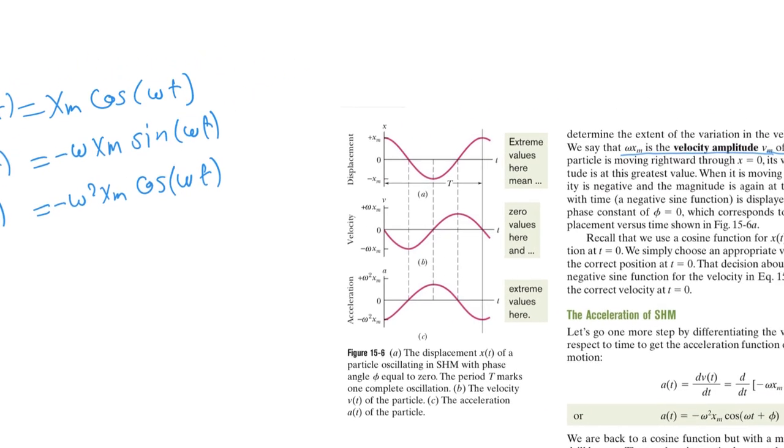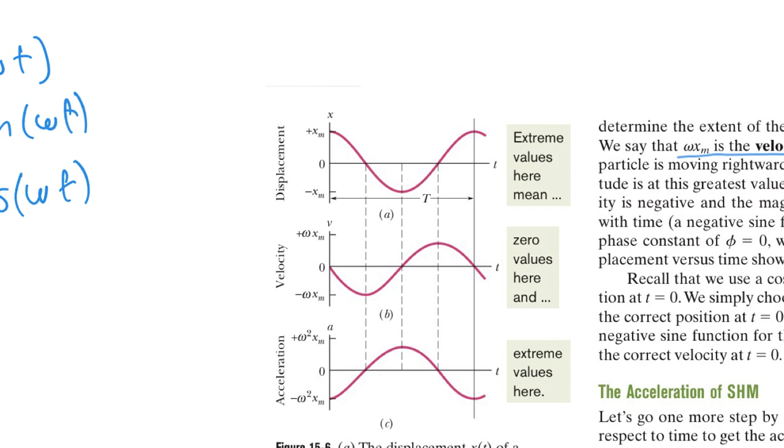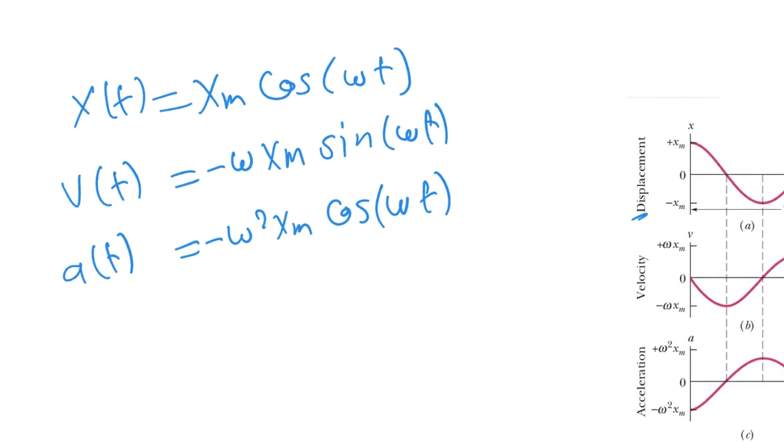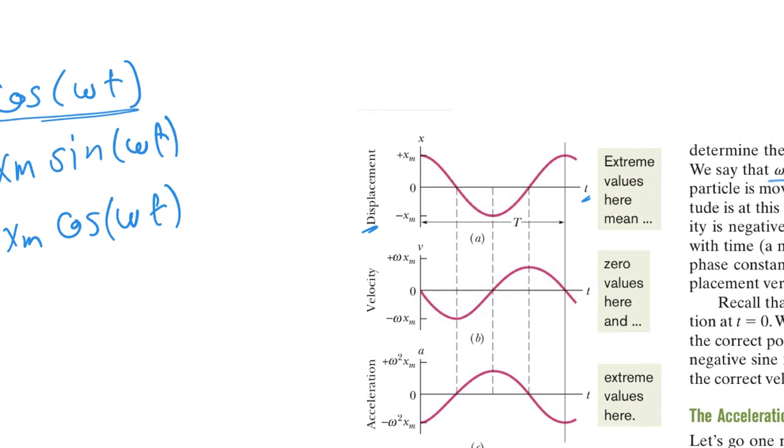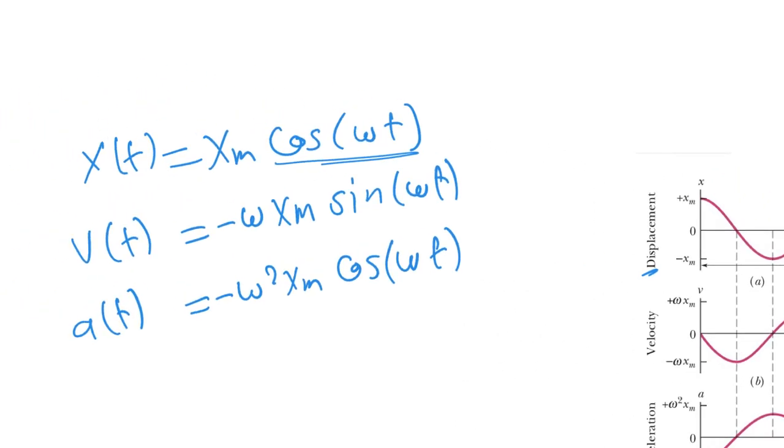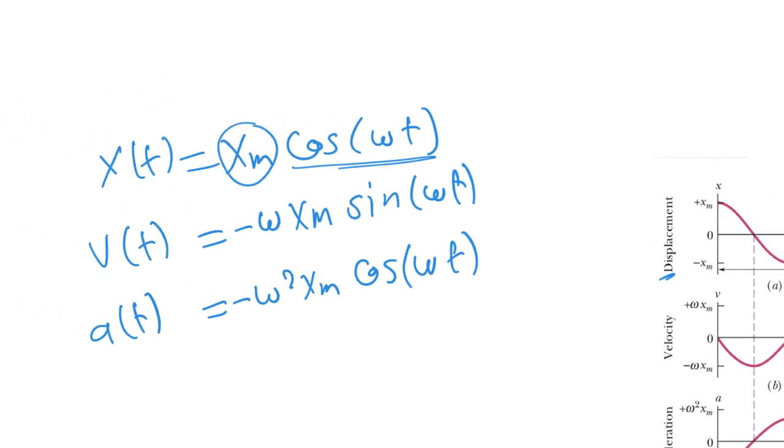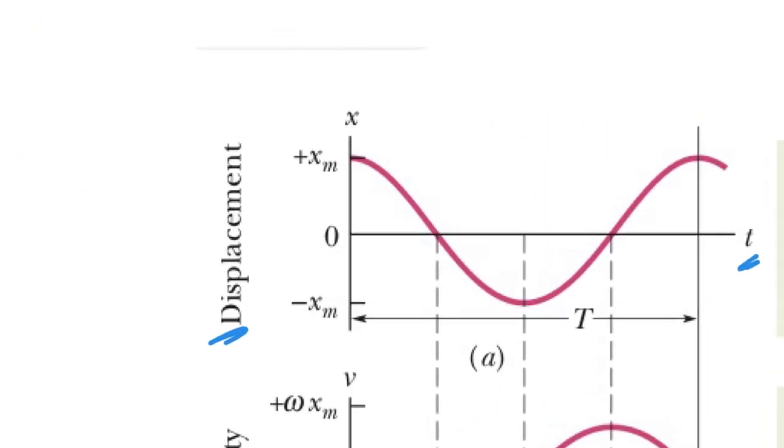So here, for example, if we want to draw the displacement of the simple harmonic motion with respect to the time, because the displacement is cosine omega t, the shape will be the shape of the regular cosine. And here is the amplitude of the displacement. So the highest displacement reached by the particle is here, xm to minus xm.